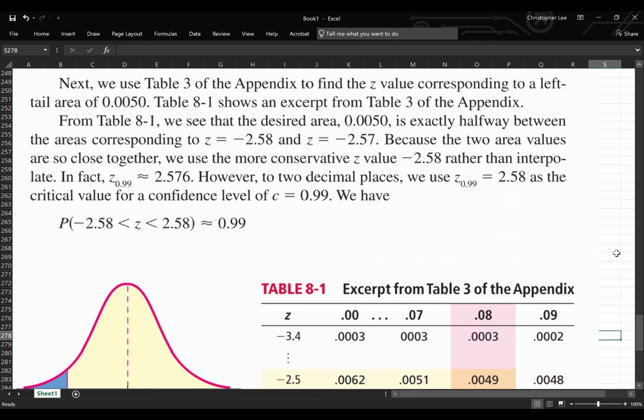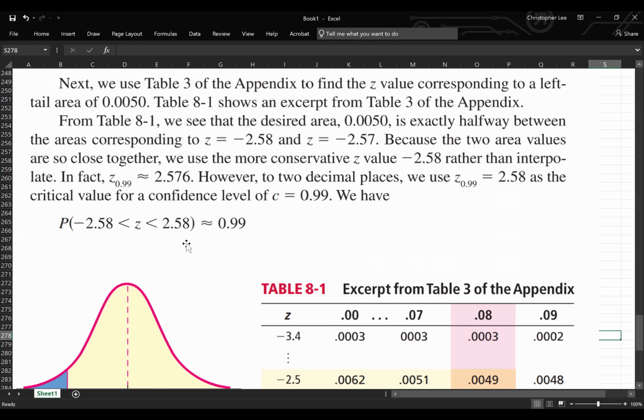You can see it right here, how they have negative 2.58 and positive 2.58. That's what we found. They rounded it to the nearest hundredth place. That's why it's 2.58. It is supposed to be 2.575, but they rounded to the nearest hundredth place.